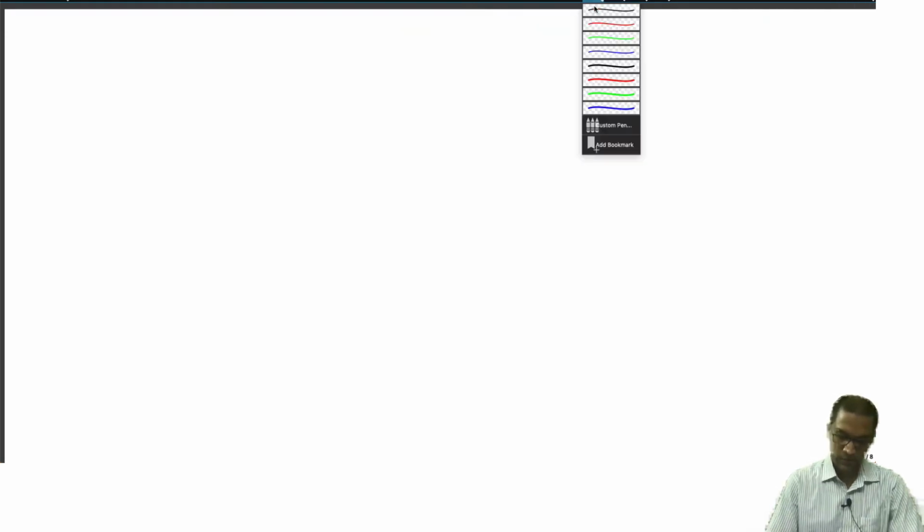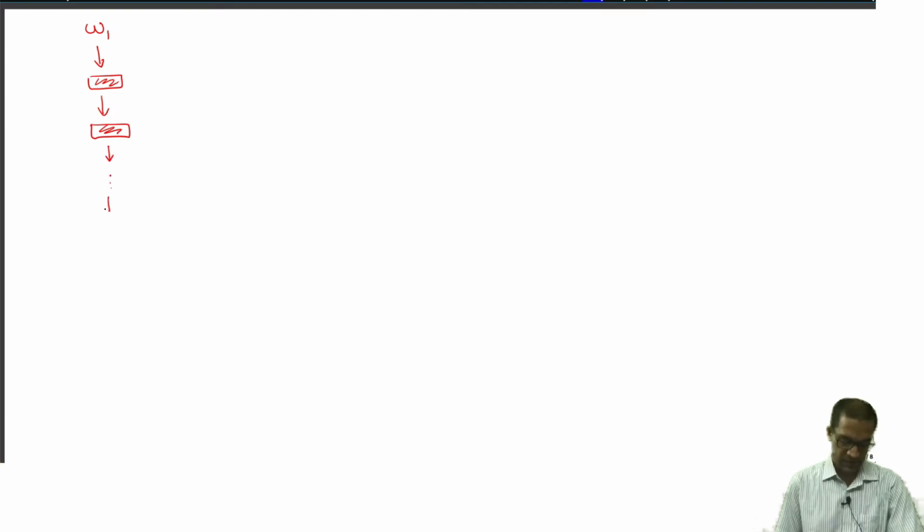So let's write that down. Step 1, I start at W1 and I use my basic rewriting rule. I get some word. I use again one of the other rules, it becomes some other word, etc., till I finally am able to reach x1. This is what it means to say W1 and x1 are equivalent to each other. Similarly, I have W2 and x2.